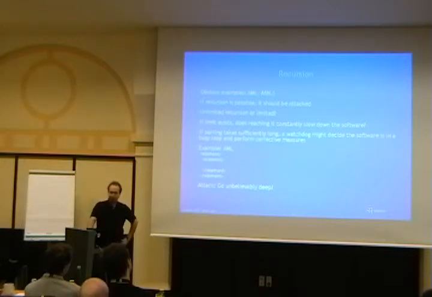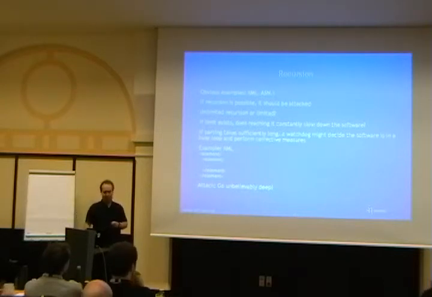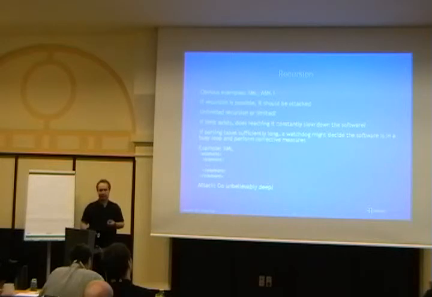Recursion is very fruitful to attack. The obvious example being XML, there's an example there. At any point where recursion is possible, it should definitely be attacked without mercy. You might have some limits in a system for the levels of recursion that can take place.